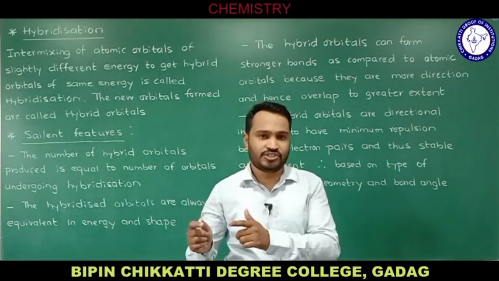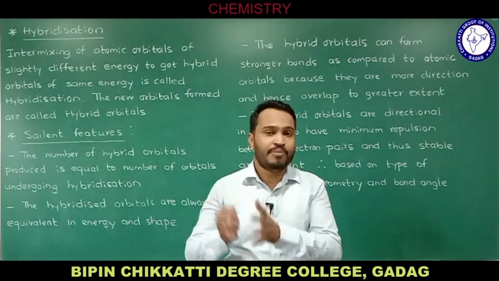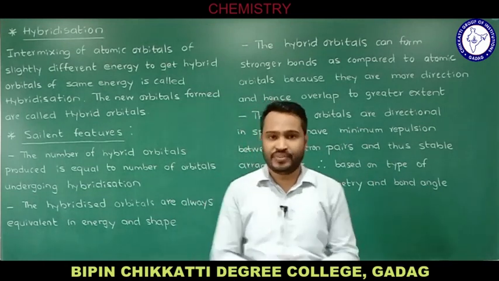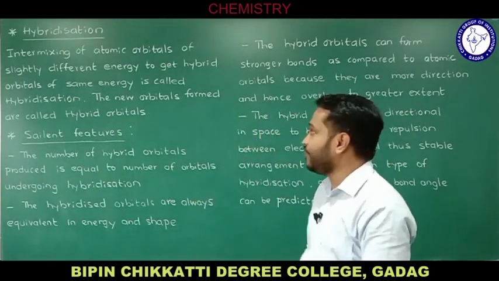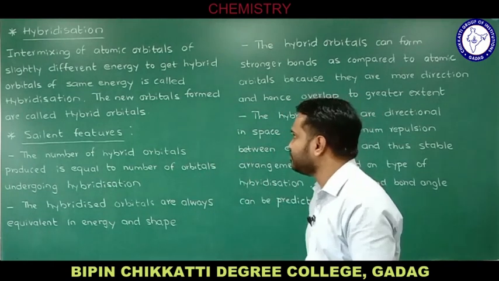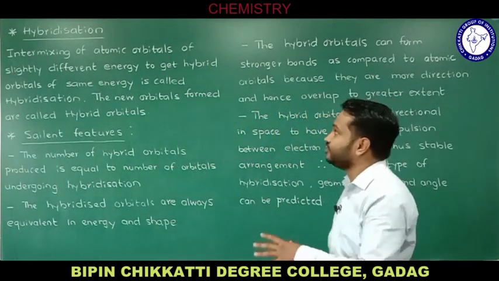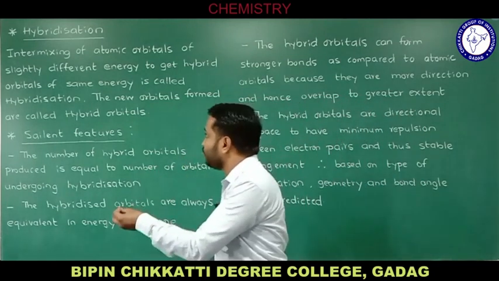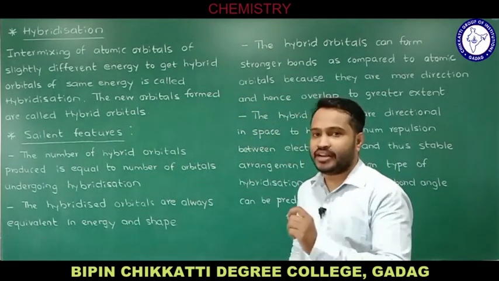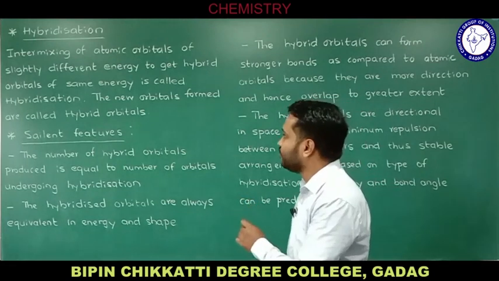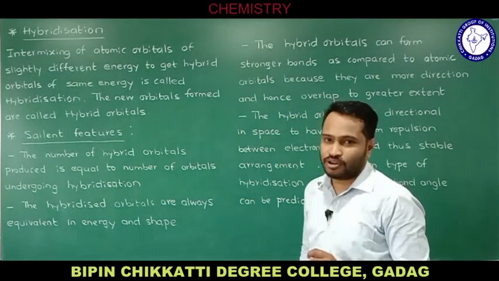After hybridization, the hybrid orbitals will have the same energy. The statement is: intermixing of atomic orbitals of slightly different energy to get hybrid orbitals of same energy is called hybridization, and the new orbitals formed are called hybrid orbitals.